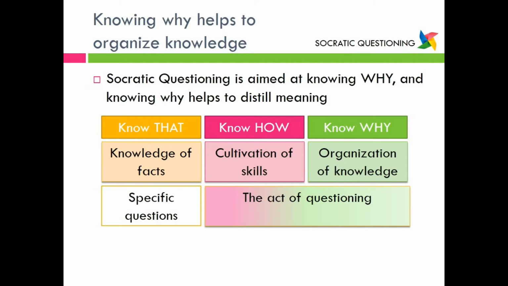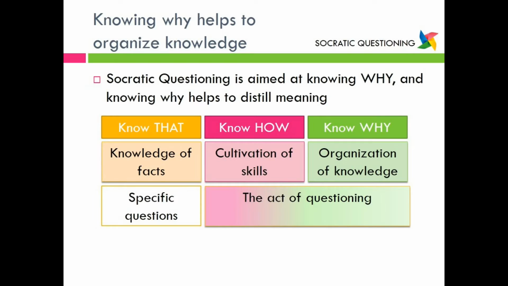When we give Socratic questioning as a technique to our students, when we use it, model it, and then get them to adopt it, we are helping our students launch themselves on a journey, the purpose of which is to discover new things, to know why things are as they are. And in that discovery and pursuit of the why question, we will see that students and ourselves become increasingly able to distill and find meaning in our lives and in the parts of our lives that mean the most to us.